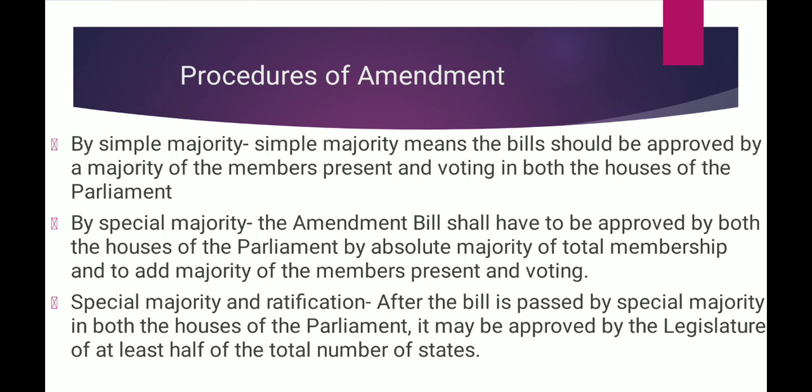It means if a bill is passed by a special majority, then it should be sent to the states. If half of the states also pass the bill, then it should be implemented.